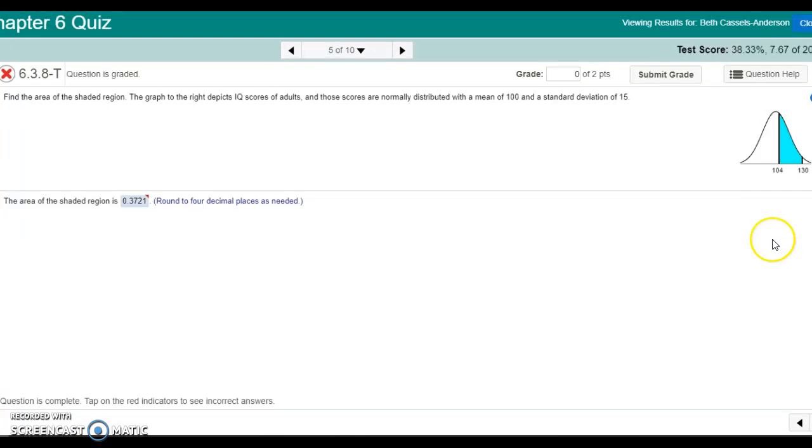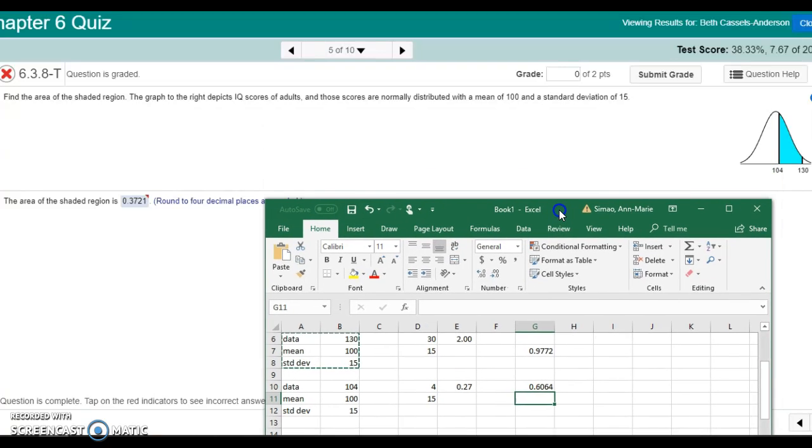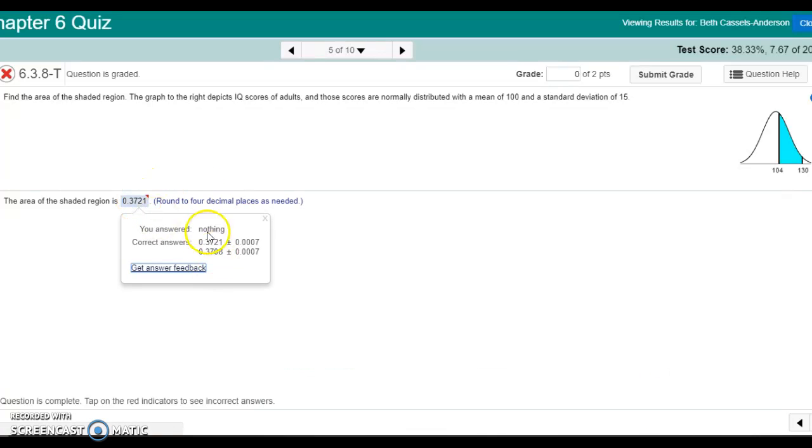So that means the area all the way to the left of 130 is 0.9772, and all the way to the left of the 104 is 0.6064. So to find the number that we want, we need to take 0.9772 and subtract away 0.6064, and that's my 0.3708. And notice that's that second answer there.